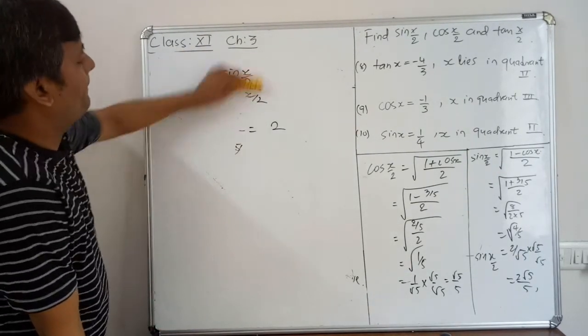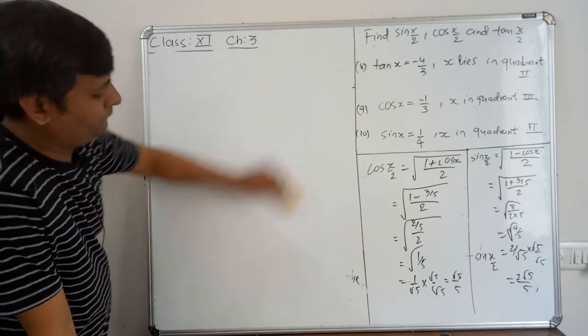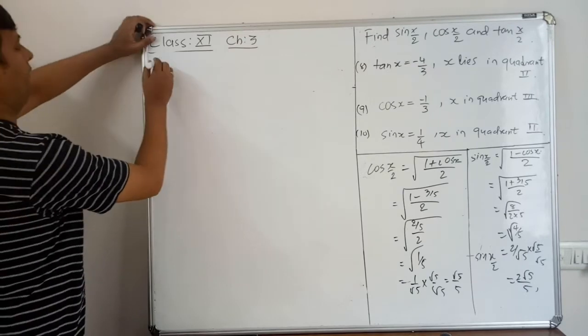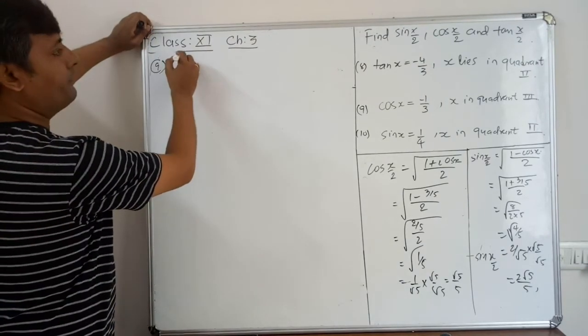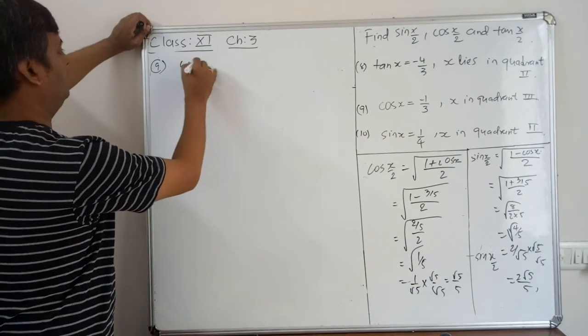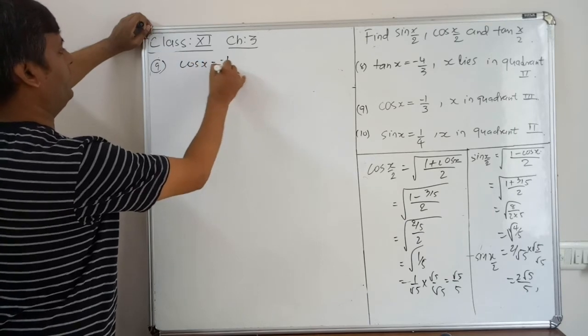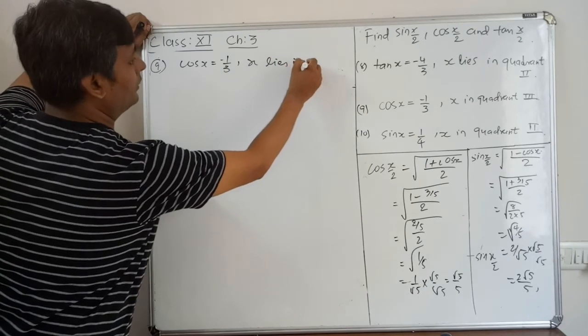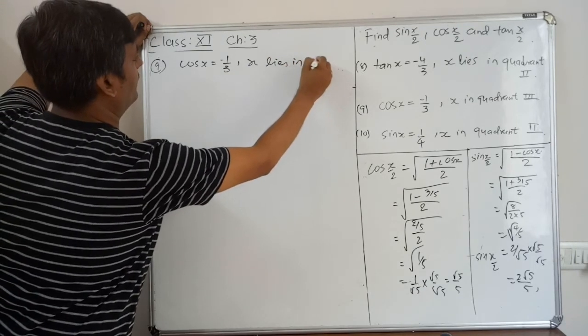Now question number 9. The 9th question: cos x is equal to -1/3. Okay, x lies in the second quadrant.